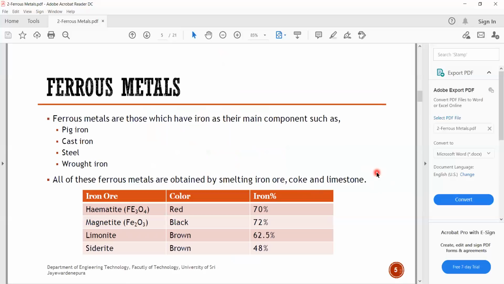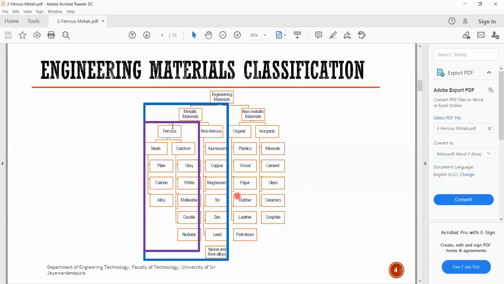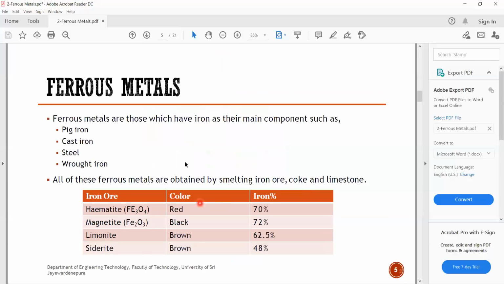Okay. Next one, steel. Sorry, ferrous metal. In this category, first engineering materials, then metallic and non-metallic, and under metallic, ferrous and non-ferrous. First we will discuss the ferrous metal. Ferrous metal simply means if anything has iron as its main component, they are all called ferrous metals.